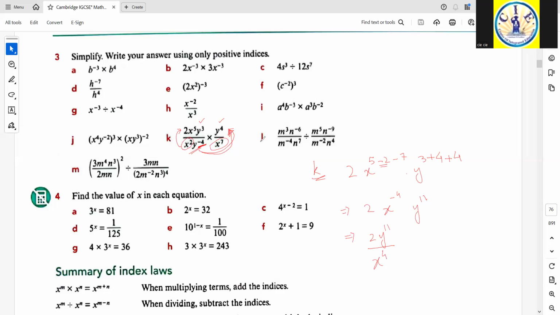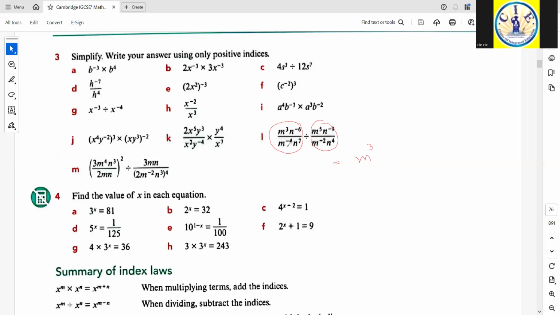And finally, for part L, let's simplify them first, and then let's combine them.